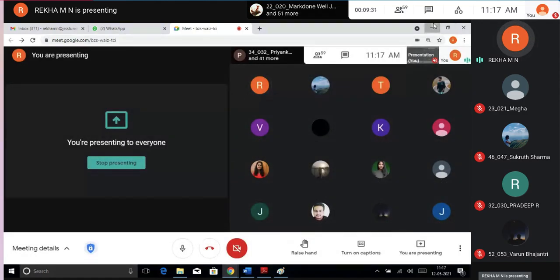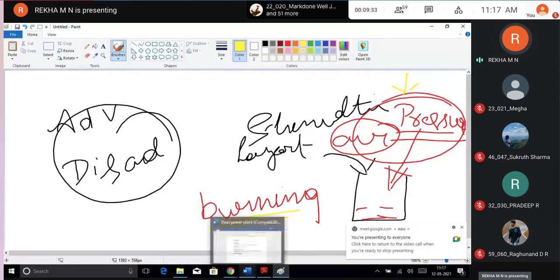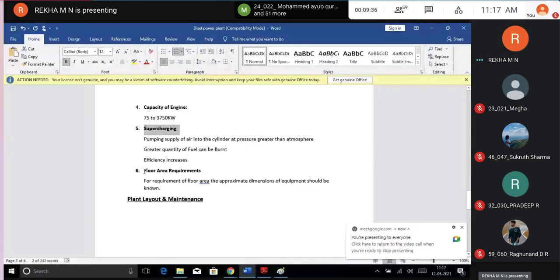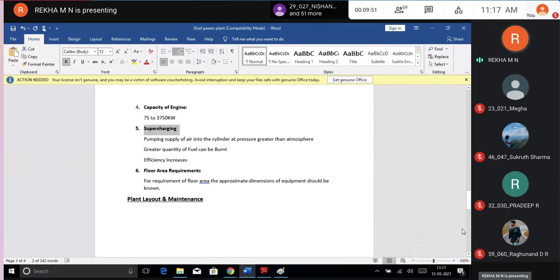So that is one of the features you have to take into consideration while making your choice. Superchargers should be provided in the diesel power plant or diesel engines. If superchargers are not there, how will you provide that facility? So that is most important.